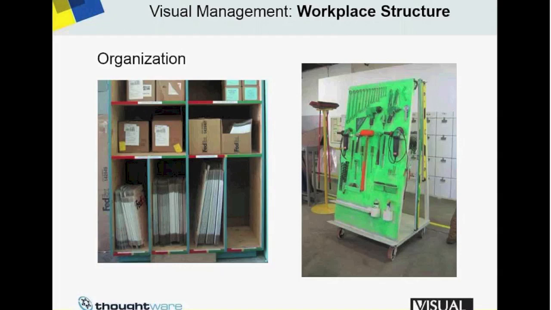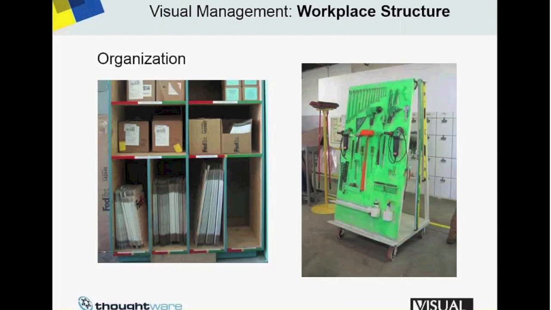Green means fine, yellow nearing an order point, and red is a firm order point in which we need to go and move right away to order something. And on the right, we see a classic shadow board telling not only what tools are required, but just as important, what tools are not there.